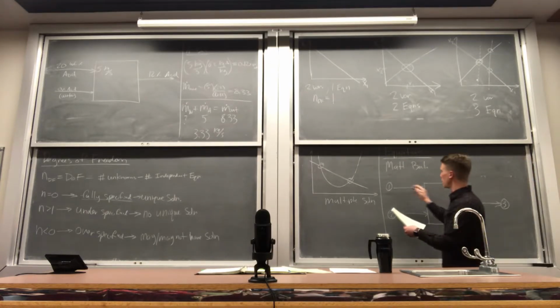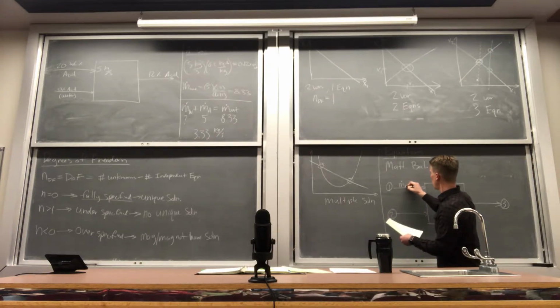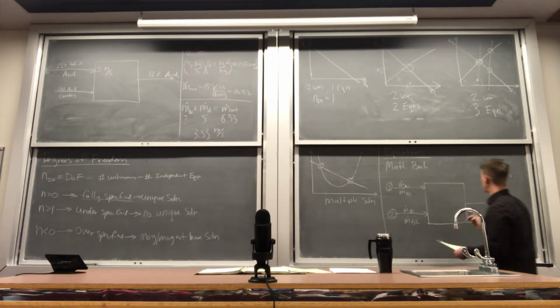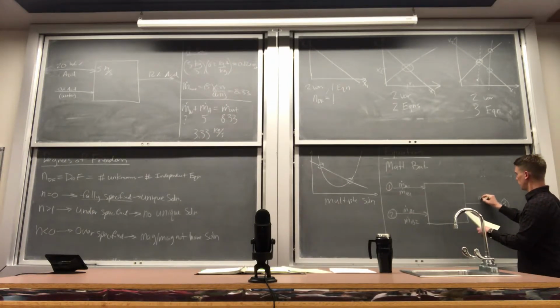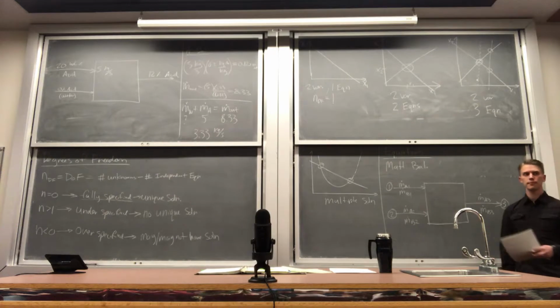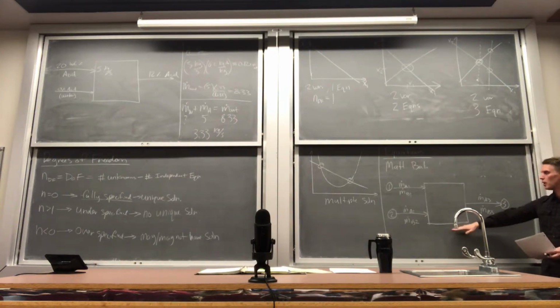And for two components, I could call this m dot A1, m dot B1, m dot A2, m dot B2, m dot A3, m dot B3. So this is our general setup.